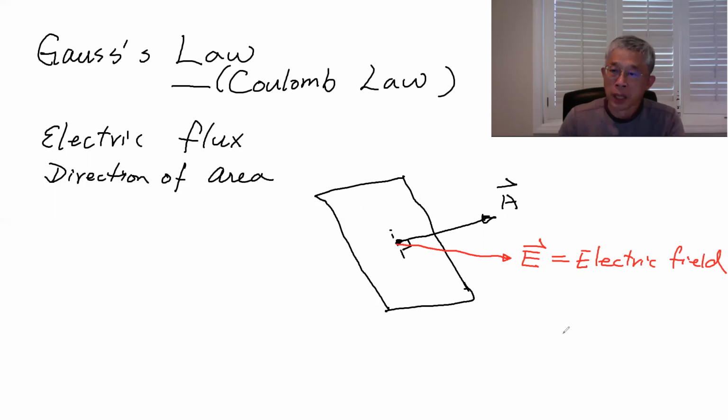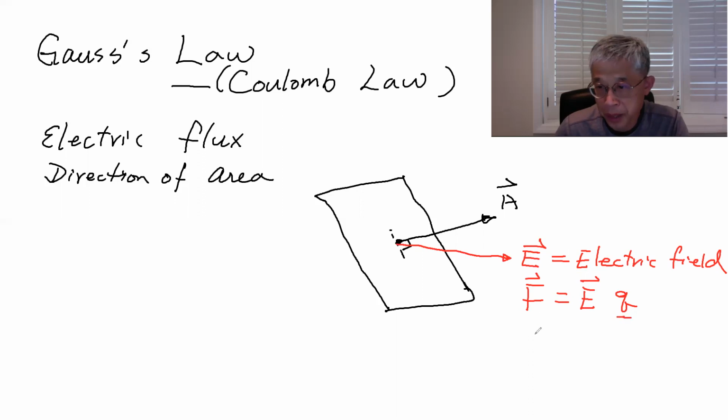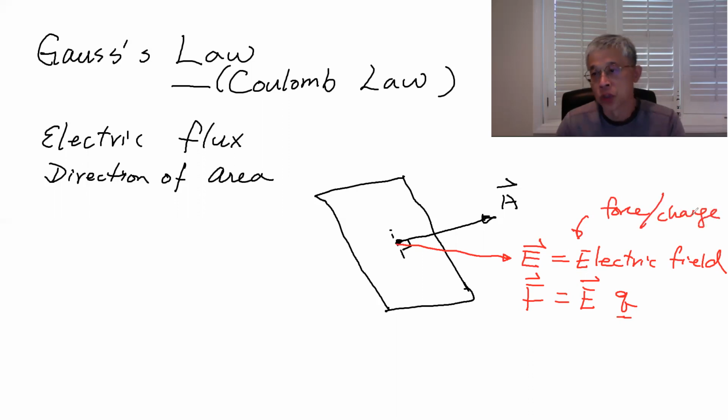The electric field is defined as F equals E times Q, where both F and E are vectors. So basically it's a force per charge. It's kind of like a force, but divided by charge. Anyway, you have an electric field going this way.